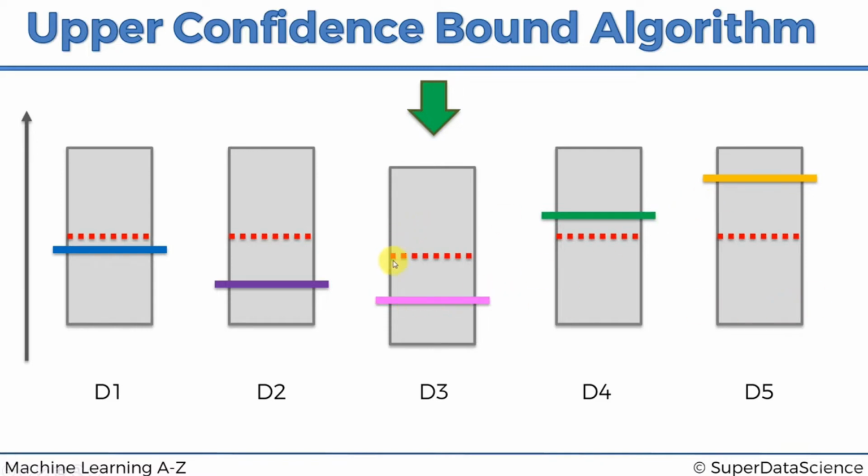So this red value goes down because now we have another observation for this machine added to the whole sample of observations, and the value goes down because this red value is the observed average.